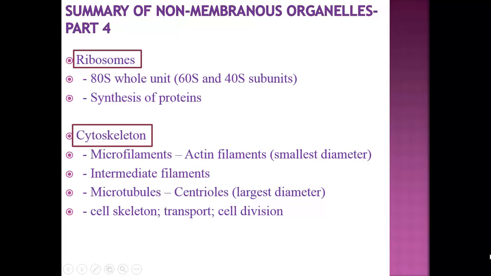So in summary, the ribosome as a whole unit is an 80S ribosome with 60S and 40S subunits. Ribosomes are responsible for the synthesis of proteins. Cytoskeletons are made up of microfilaments, also known as actin filaments, intermediate filaments, and microtubules, which are the centrosomes or centrioles.